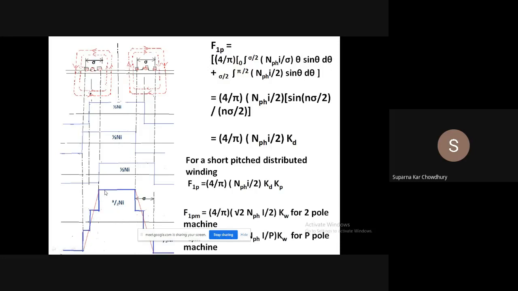This is changing from minus N phase I by 2 to plus N phase I by 2, so the total change is N phase I and the angle is sigma, so the rate of change is N phase I by sigma.